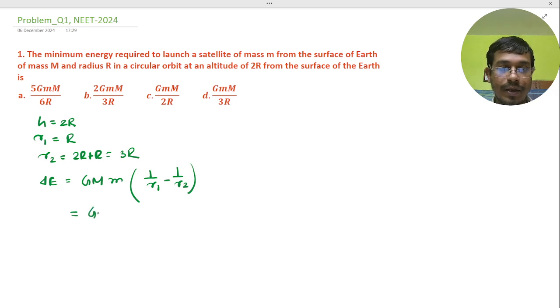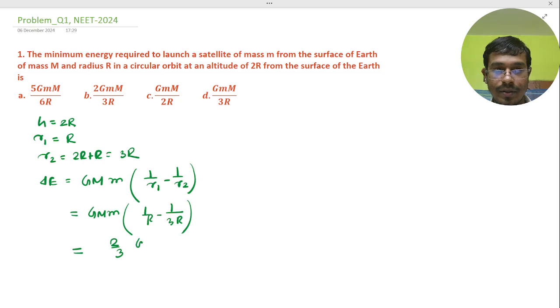So just put the value GMm, 1 by r minus 1 by 3r, so basically it would become 2/3 GMm by r. So we have the kinetic energy expression, that Ek is half mv square.